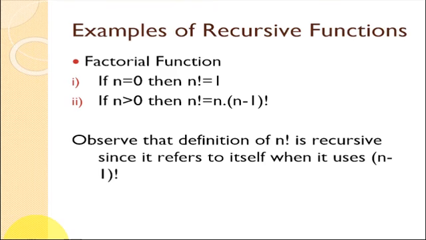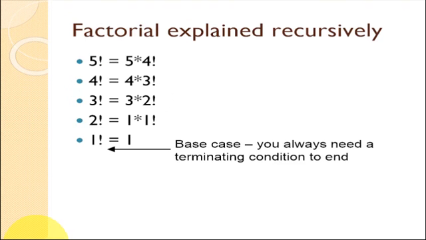It is recursive since it refers to itself when it uses n minus 1 factorial. Here, n is equal to 0 is called the base condition. The example of recursion of factorial function is explained in the next slide.